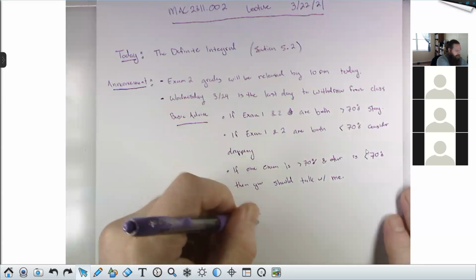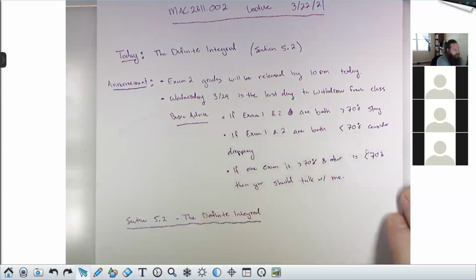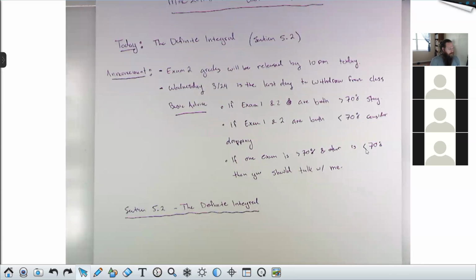All right. So the definite integral. Where to begin? There's so much good stuff.